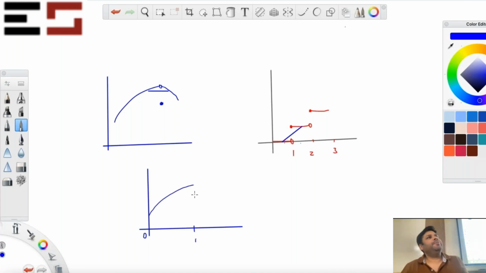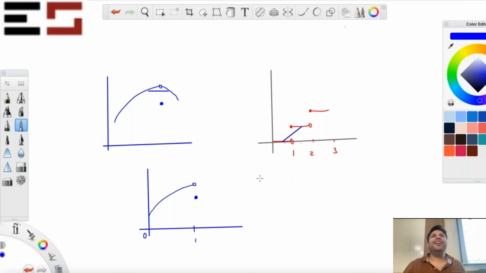I kept the function concave in this entire interval 0 to 1. At 1, I'm going to just violate continuity. Now notice what happened here. I was able to go to the right. Now, because 1 is the end point, I don't have anywhere to go to the right. So my example is this. Now it works.